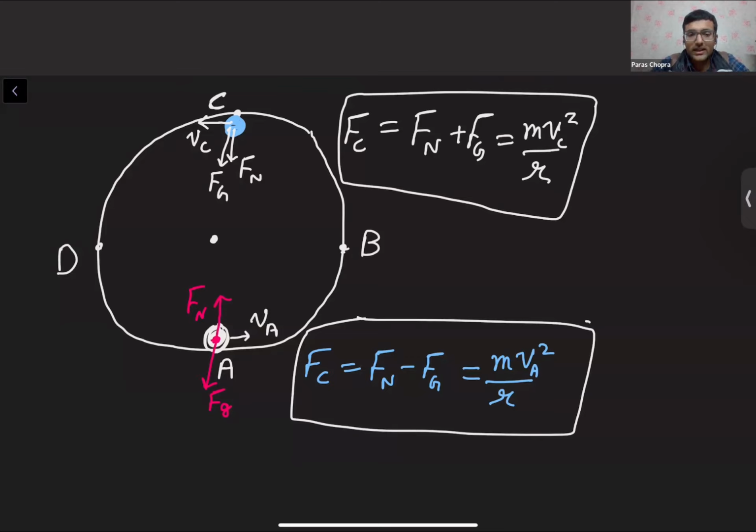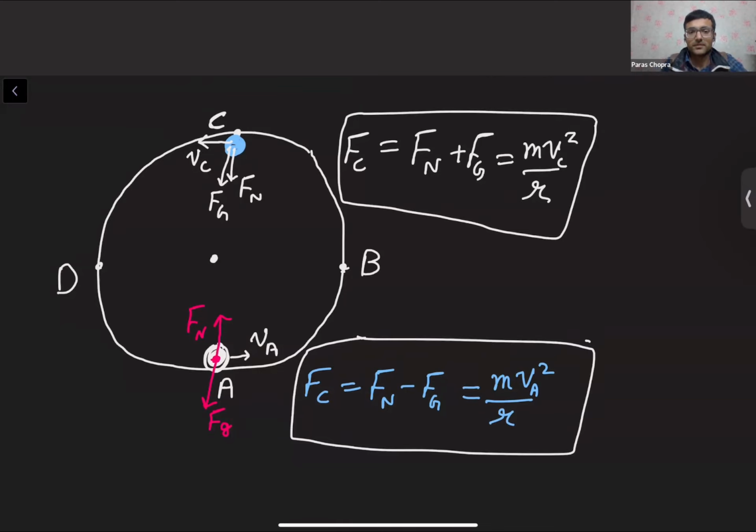Can we also relate Va and Vc using conservation of energy? So can you use conservation of energy at point C and point A? What is the total energy at point A? Kinetic energy plus potential energy. So kinetic energy is half m va square.